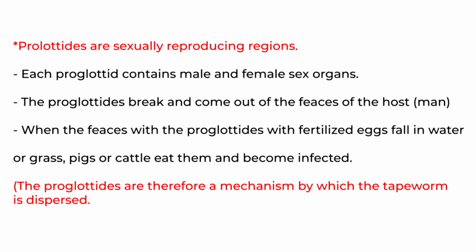The feces fall on grass and animals eat it, and then the larvae grow in the flesh of the pork. When uncooked pork, pork not cooked well, is eaten, the tapeworm gets into a man.